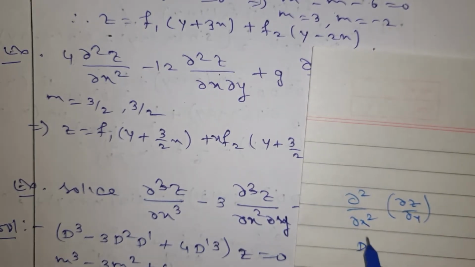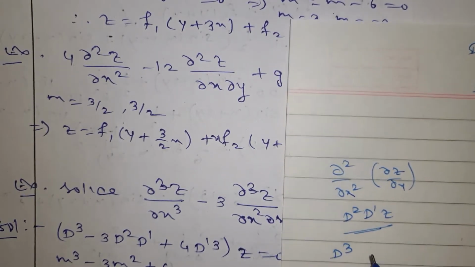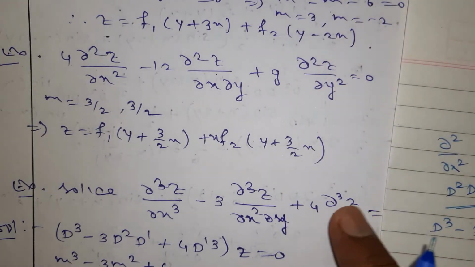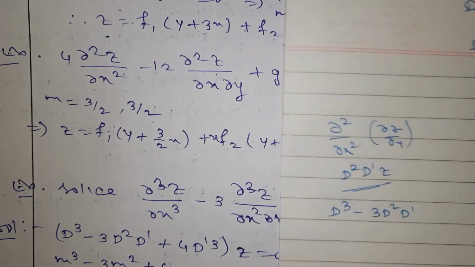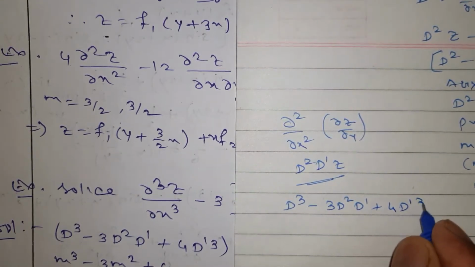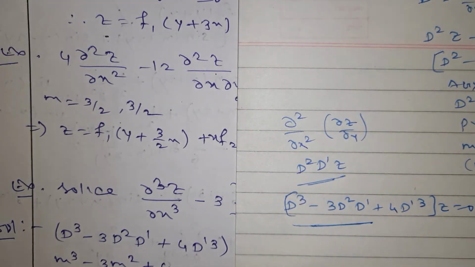So this is D² and this is D'z. Now write down the terms: D³ − 3D²D' + 4D'³, into z equal to 0. So our auxiliary equation is this term equal to 0.